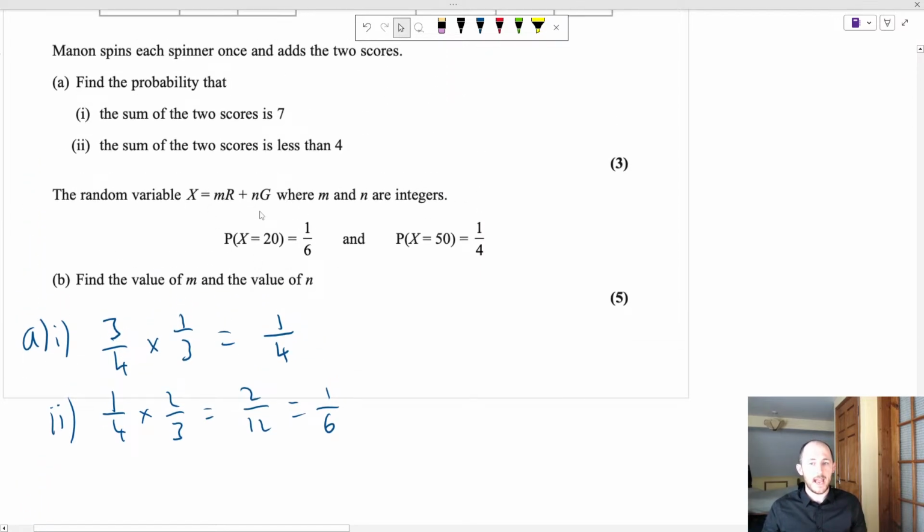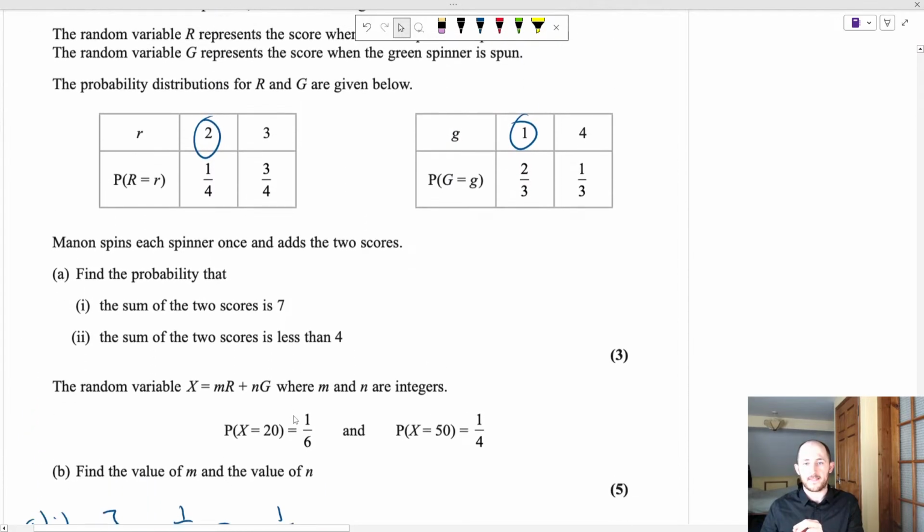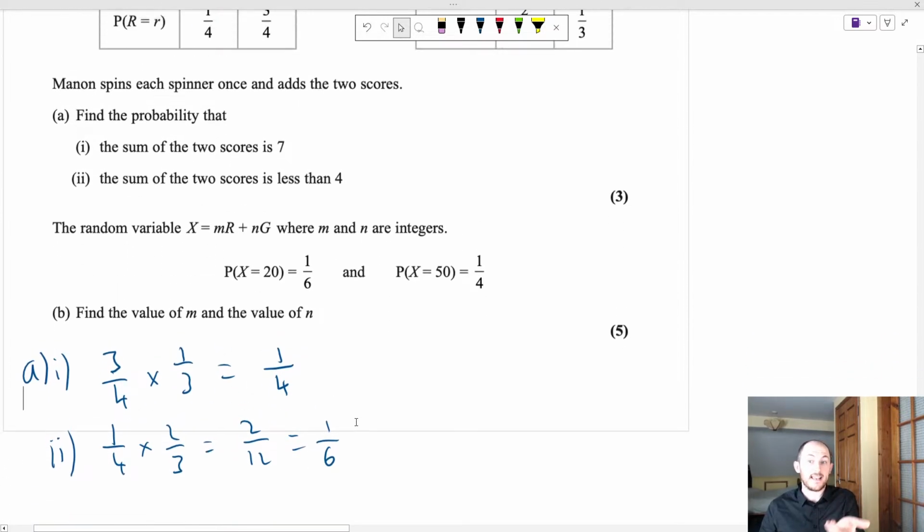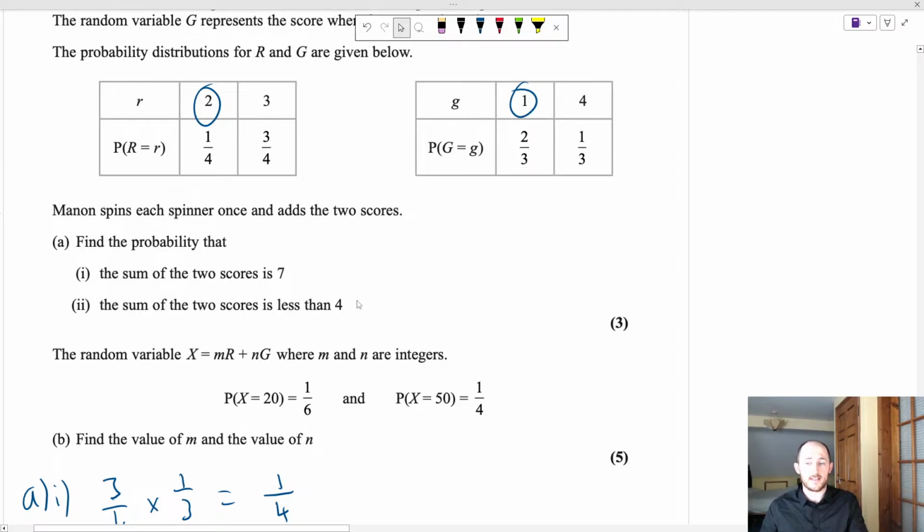So let's have a look why. We need to work out what M and N are, right? If I have a look at this first thing here, probability of x equals 20 is a sixth. That 1/6 must have come from the fact that red was 2 and green was 1. Because it's a combination of my two probability distributions before, it must be however I get a sixth. If they didn't give you this as part A, you'd have to just manually guess it, which sucks.